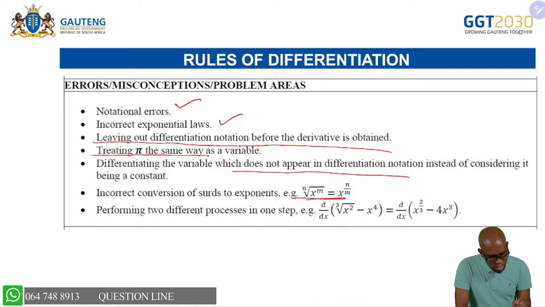You incorrectly convert from exponential form to surd form. Remember, when you differentiate here, you need to make sure that there are no brackets. Brackets are completely removed. There are no exponents in the denominators. All the variables should be numerators. There should not be any variable on the denominator. You should move it up there. That is very, very important.